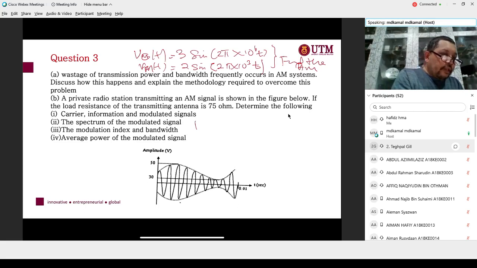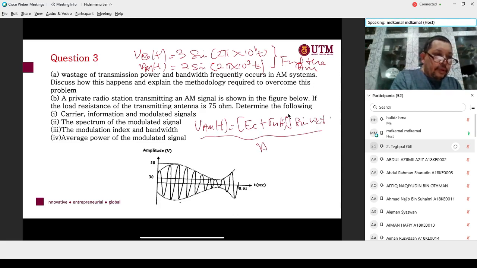Okay, so your friends gave you the answer already. VMT actually is equal to your EC plus VMT, sine omega CT. So this is the equation for the AM.